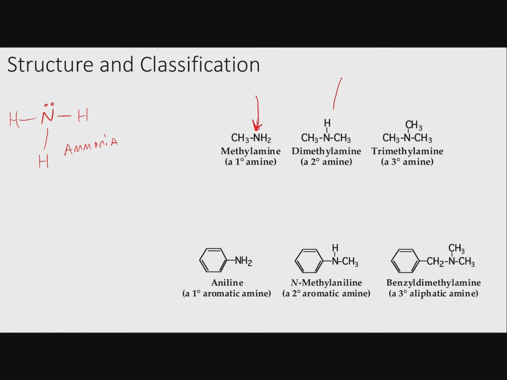A secondary amine has 2 of those hydrogens replaced with carbon groups, and a tertiary amine only has carbons on it, no hydrogens. This is going to be important later when we're looking at some of the reactions of amines. So being able to differentiate between the primary, secondary, and tertiary.